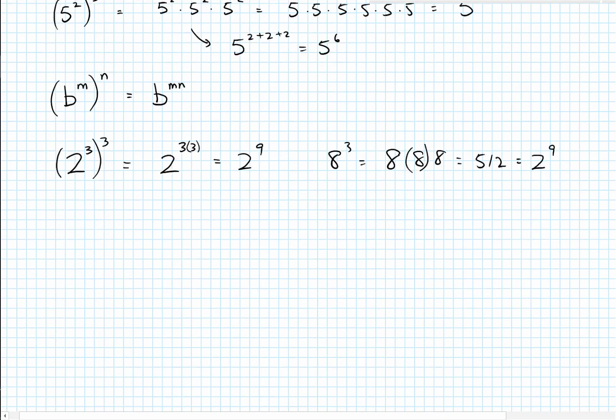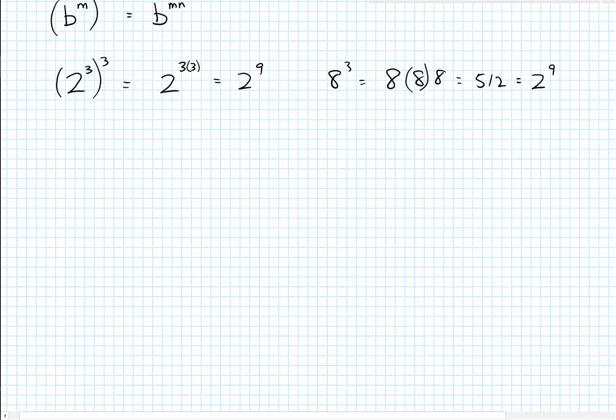Now, if we have a product or a quotient and raise that to a power or an exponent, what do we do with that? So if we have 5 times 7 to the power 3, again, we can just think of that as 3 of whatever's in the brackets multiplied by themselves.